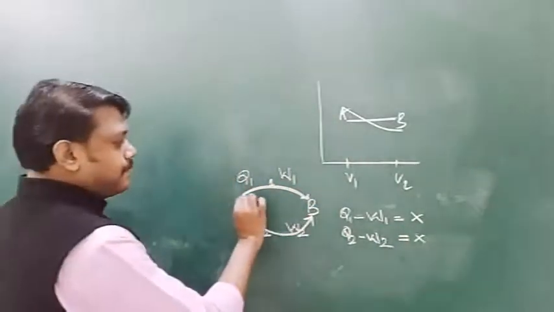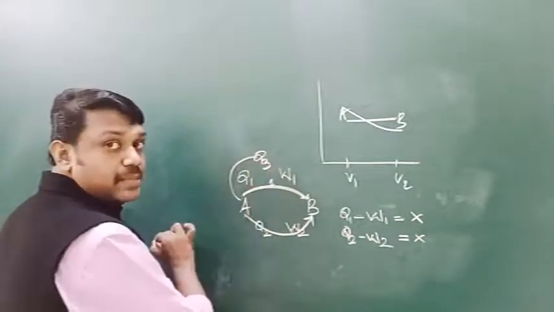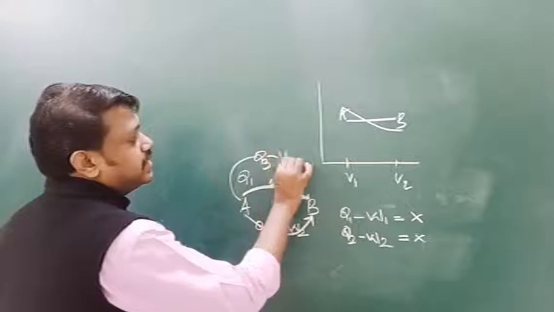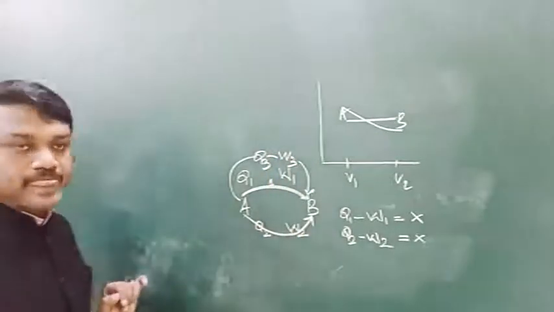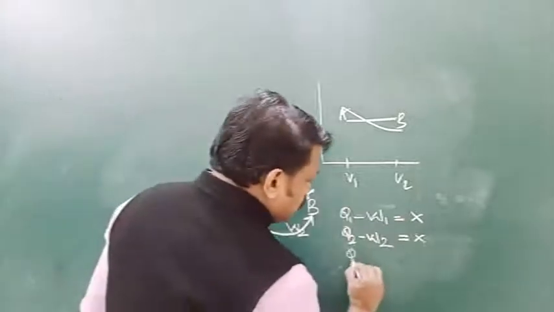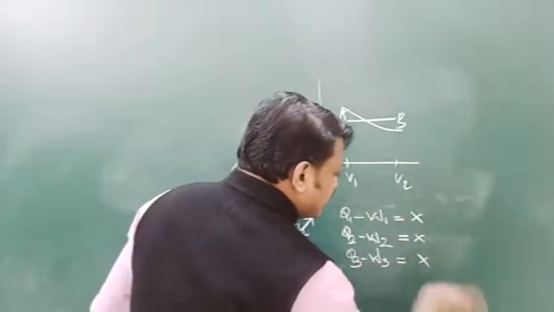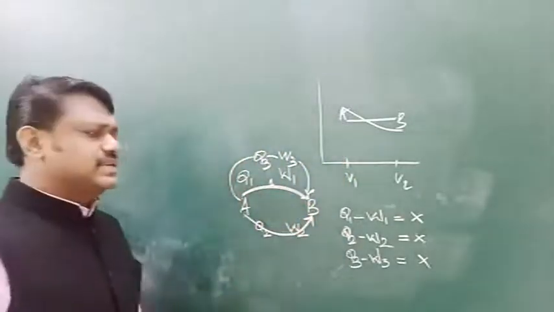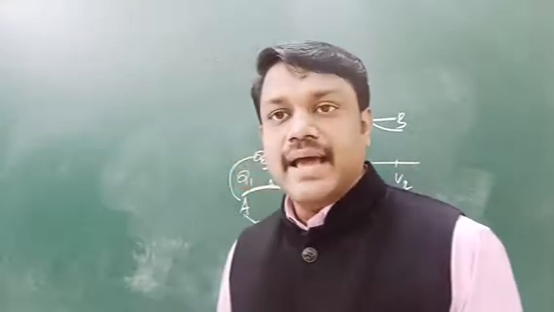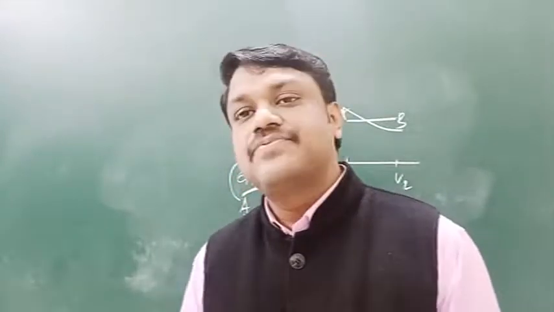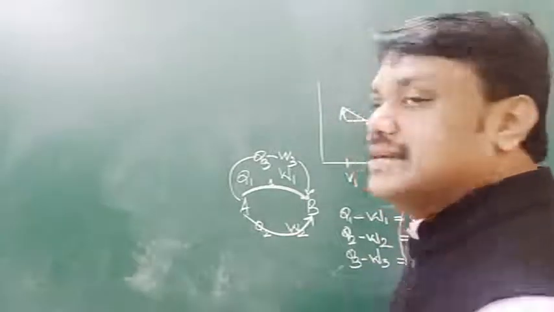It is taken from A to B through another path by taking Q3 amount of heat and doing a work W3, reaching state B. There also you can take Q3 minus W3, and again that is X. This means the difference between the heat supplied and the work done by the system always remains constant, and this difference is known as the internal energy.